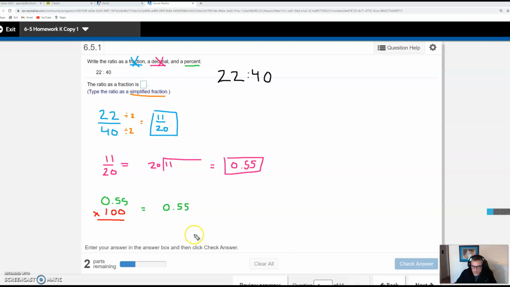So if I were to multiply 0.55 by 10, for example, the decimal point is going to move 1 unit to the right, and I would get 5.5. Well, since I'm multiplying by 100, I have to move the decimal point one more time. And so my decimal just moves from here to here, and I end up with 55.